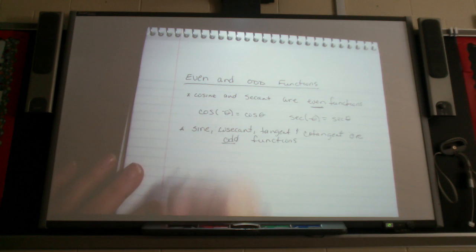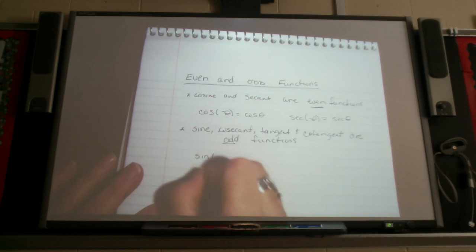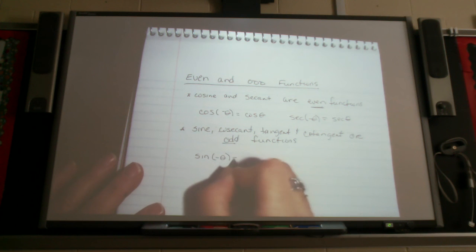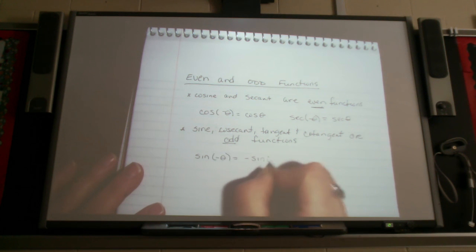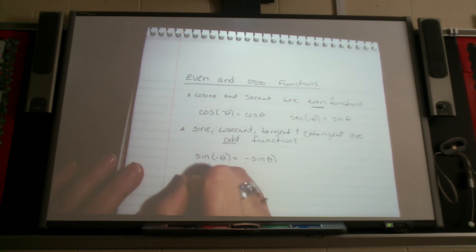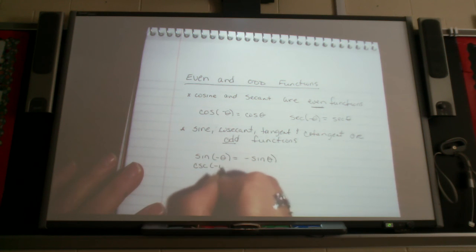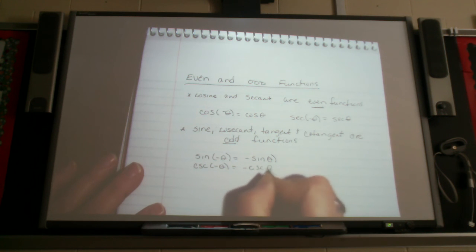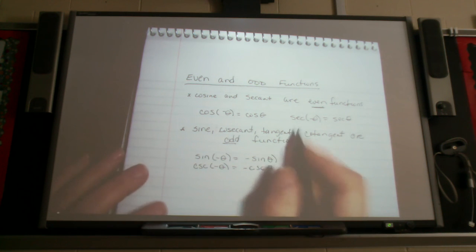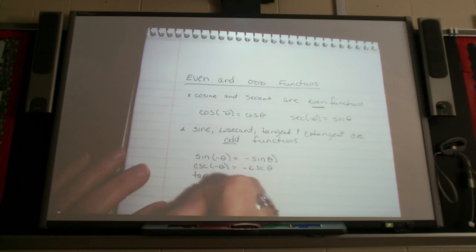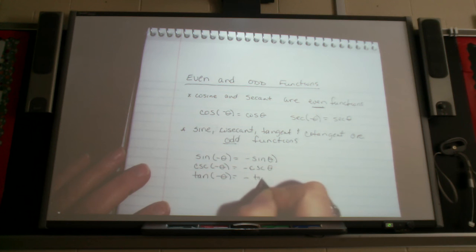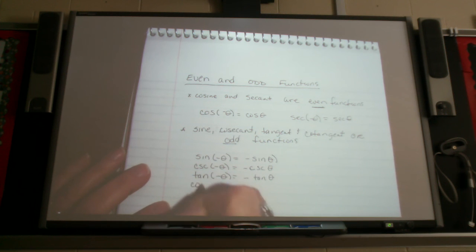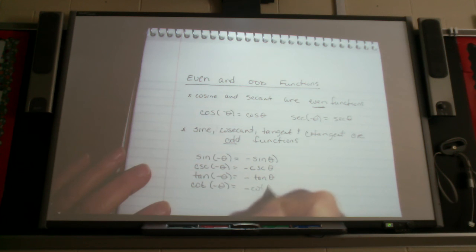Which tells us the sine of a negative theta is equal to a negative sine of theta. Cosecant of negative theta is a negative cosecant of theta. Tangent of a negative theta is equal to a negative tangent of theta, and cotangent of negative theta equals negative cotangent.